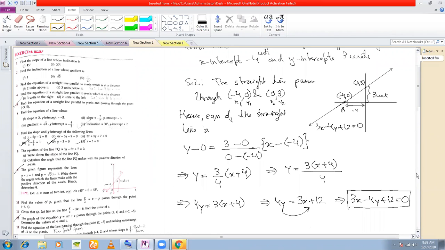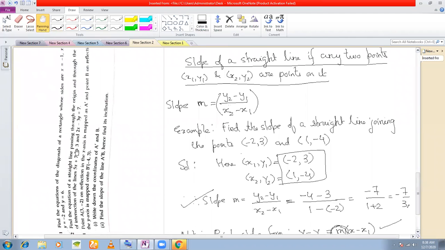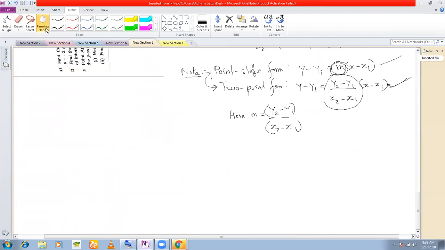The only thing that is left to discuss with you, which I will discuss in the next class, is a small concept of the general equation of a straight line. Whenever we write the equation of a straight line, we always write it in the general form.